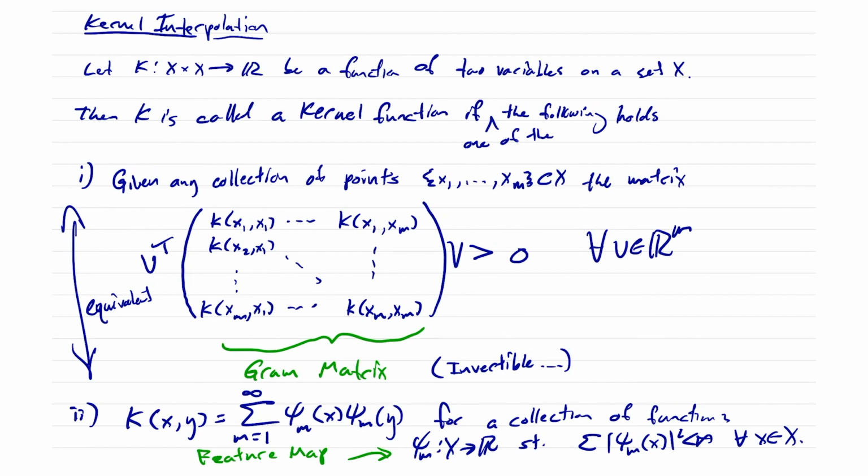So you can easily show that if you have this, then you get this. Going the other way is a little bit more complicated, and that would take a little bit of knowledge of Hilbert space theory. Basically we'd have to build a Hilbert space using this idea, and that is way beyond the scope of this class.